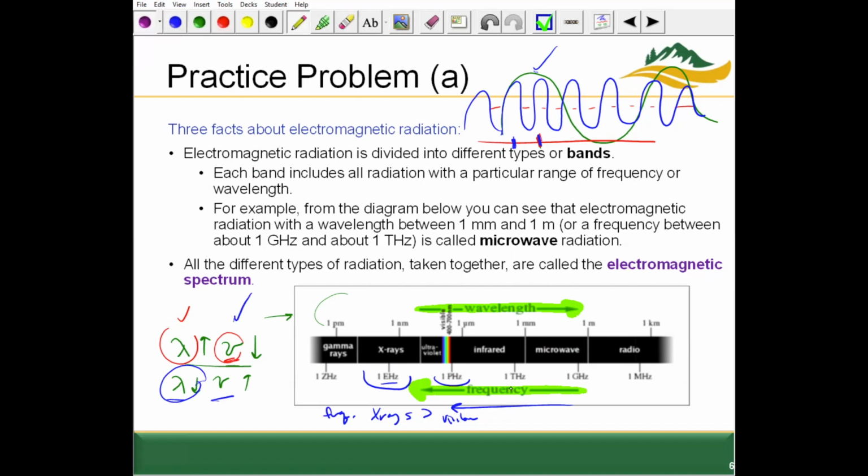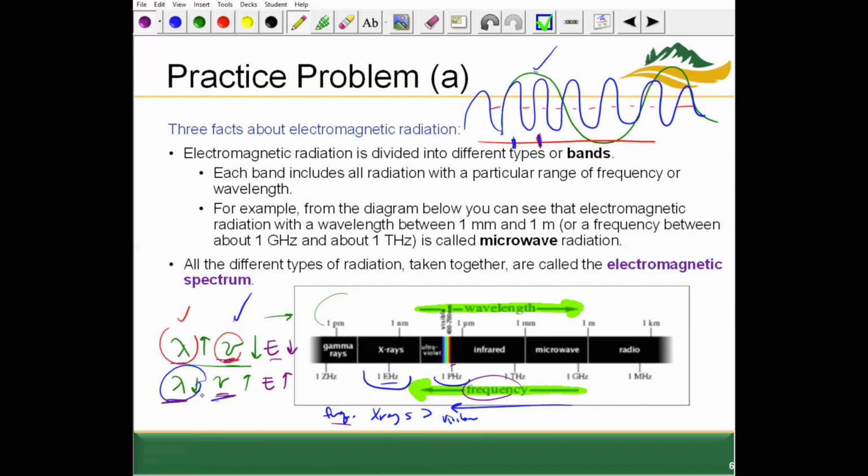Now we can connect frequency to energy, right? We just saw that as the frequency decreases, energy also decreases. As the frequency is higher, that means energy is higher. So longer wavelength, lower frequency, less energy. Red light has less energy than violet light.